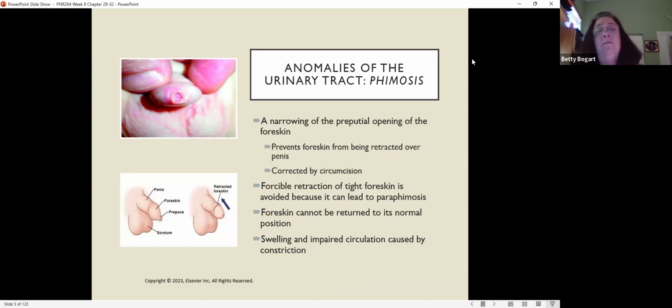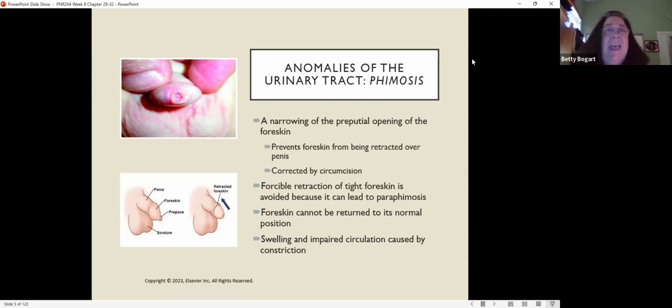Now, phimosis is a male that's uncircumcised, and you try to pull the foreskin down and you cannot. The problem with that is that if we don't pull it down and clean it every day, you're going to get an infection. There is a white cheese-like substance that forms between the foreskin and the penis called smegma.